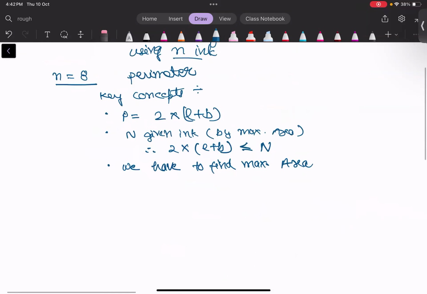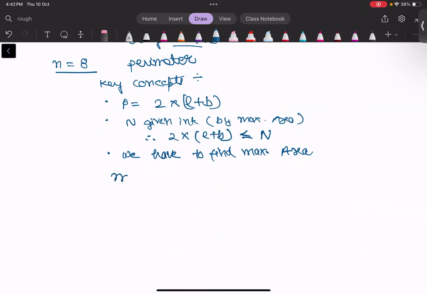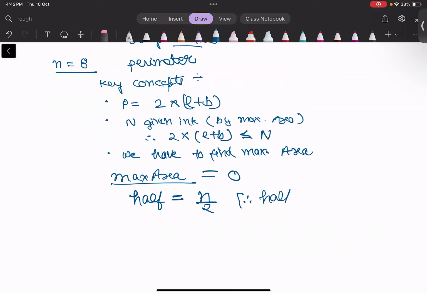So how can we approach this question? First, we take a max area variable to store the maximum area, initialized with 0. Now we take a half variable where we store N by 2. Here half is the maximum possible sum of length and breadth.